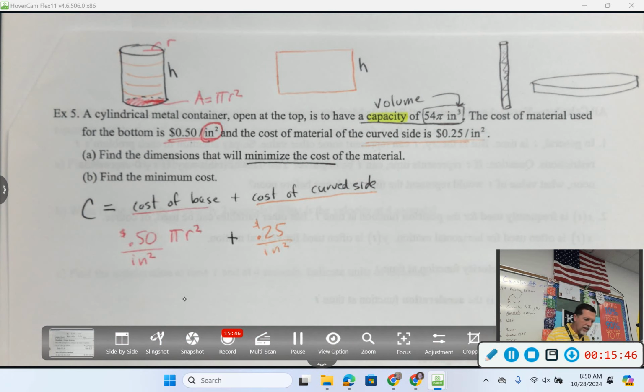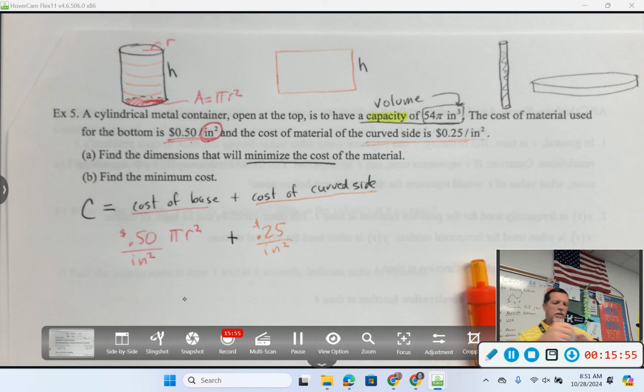If I think about the label on a soup can, it looks like that. There's my soup can label. If I unfurl it, it makes a rectangle. Length times width for a rectangle. So the height of the rectangle is the height of the soup can, no big deal. But what about the length of the rectangle? Circumference.